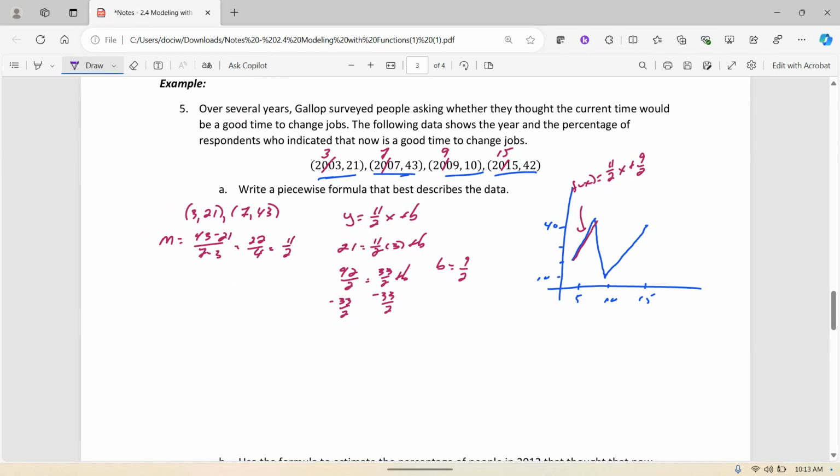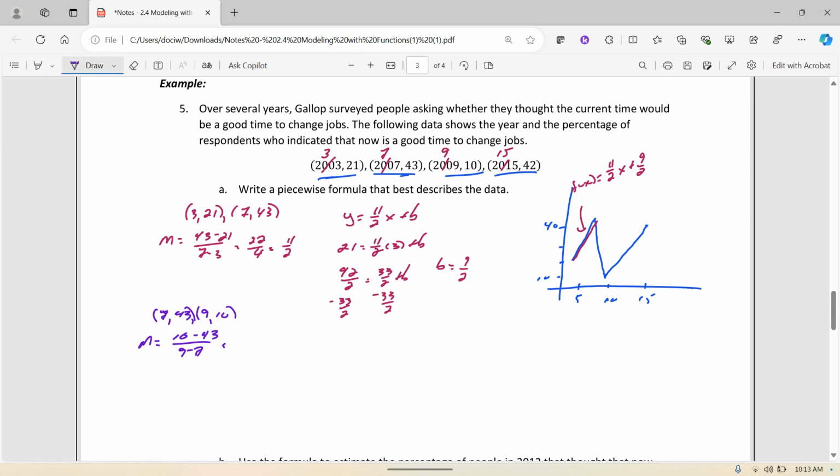To go from (7, 43) to (9, 10), my slope is 10 minus 43 over 9 minus 7, so that's negative 33, oops, negative 33 halves.